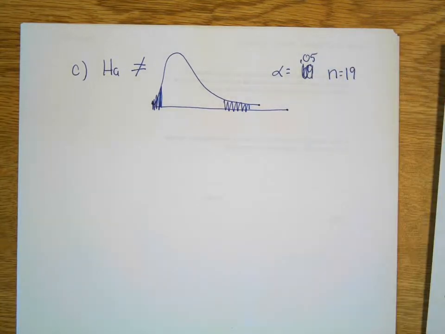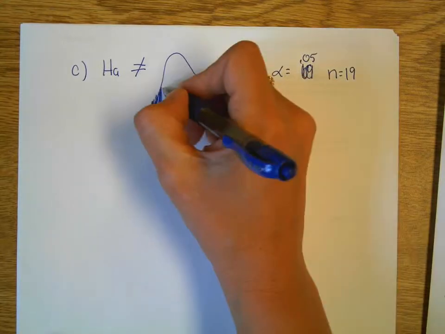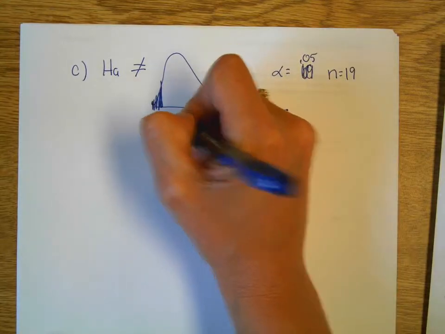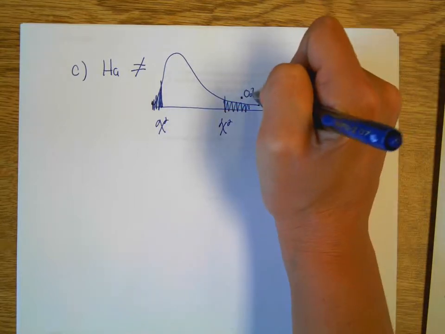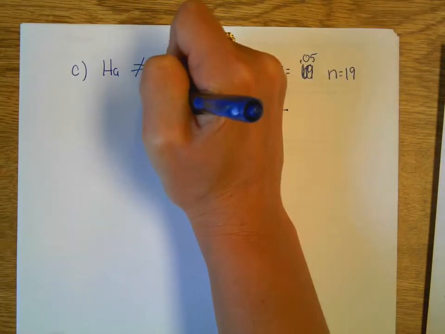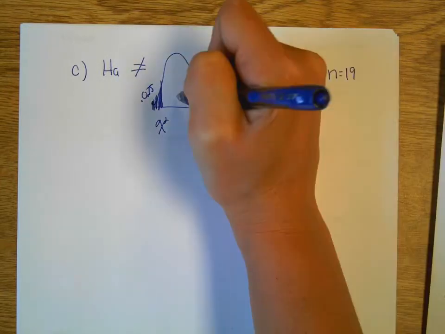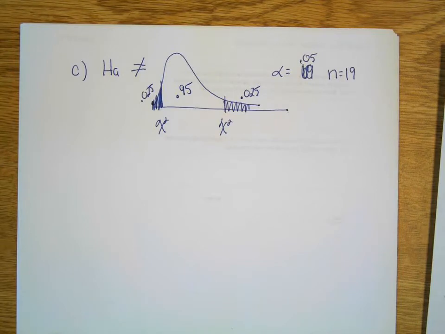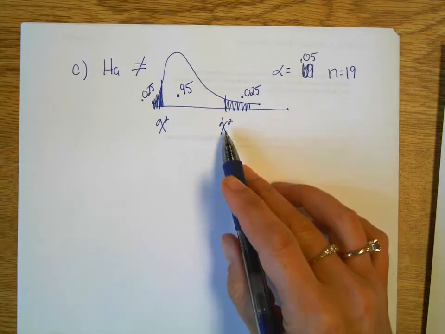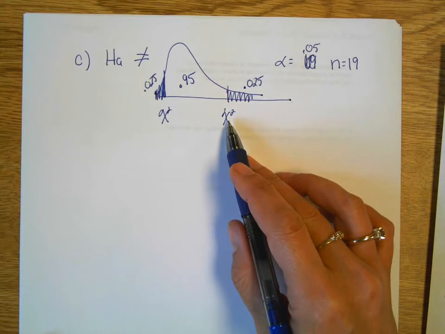Okay, be careful here. So we have to find both critical values. So each shaded is going to be 0.025. That puts 95 in the middle. So to find this right chi-squared, what area are you going to look up?